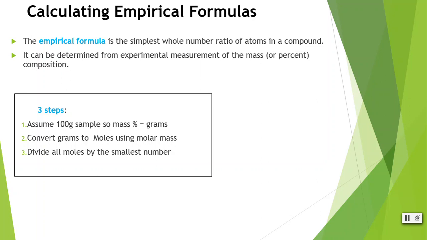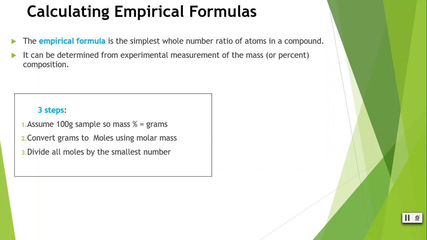So when calculating empirical formulas for a substance, there are three main steps that you need to do. And I've listed them here, and we're going to do them in a practice problem on the next slide. The first is when you are given information with regards to the mass of elements in a compound, you should always assume that you have a 100-gram total sample.